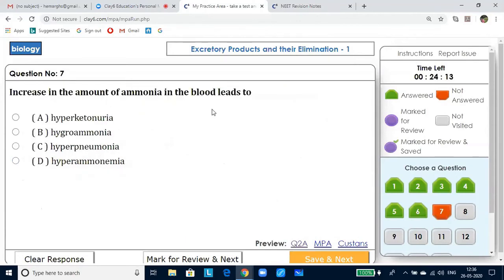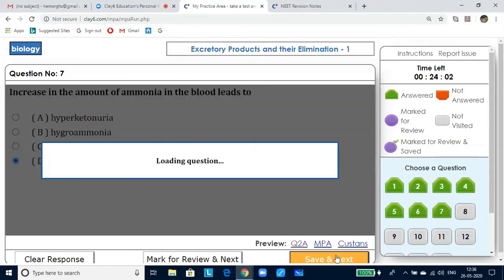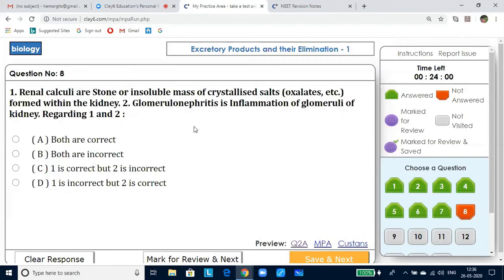Increase in the amount of ammonia in the blood leads to hyperammonemia. Hyper is always more, hypo is less. Renal calculi are the stones or insoluble mass of crystallite salts formed within the kidney. Yes. Glomerulonephritis is the inflammation of glomeruli of kidney.